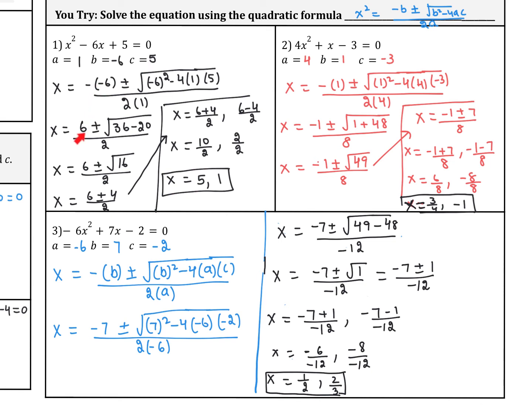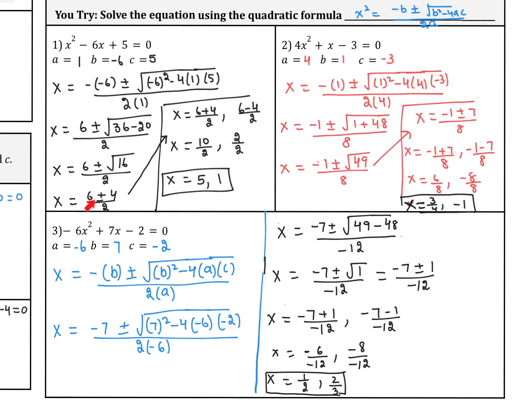So this is going to be positive 6 plus or minus the square root of 36, since negative 6 squared is 36. 4 times 1 times 5 is 20. 36 minus 20 is 16. So here you got 6 plus or minus the square root of 16, that is 4, divided by 2.